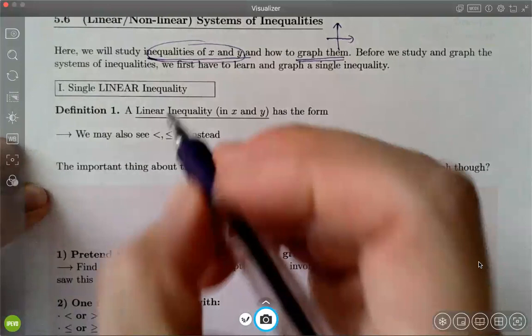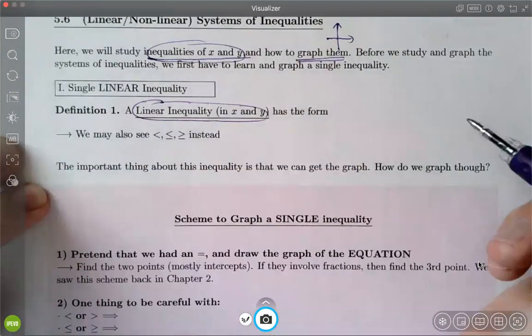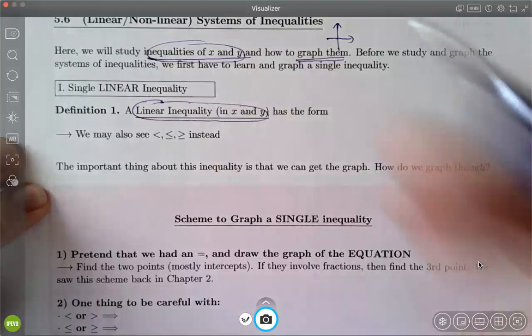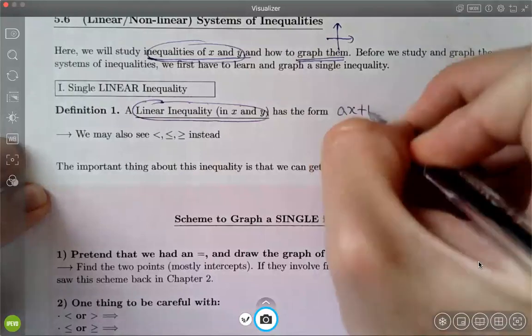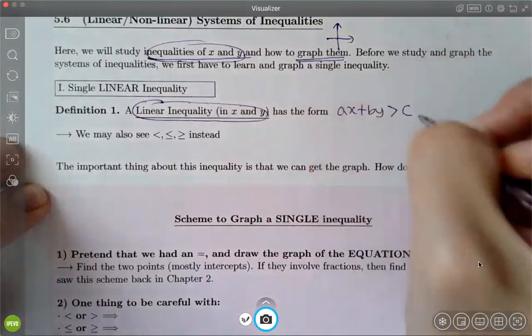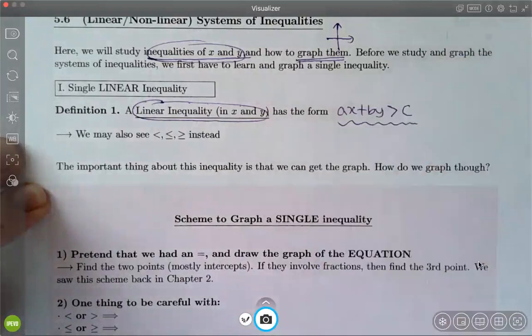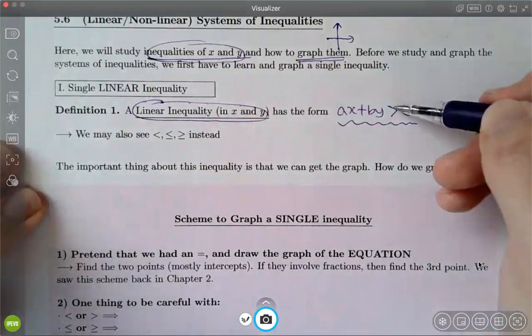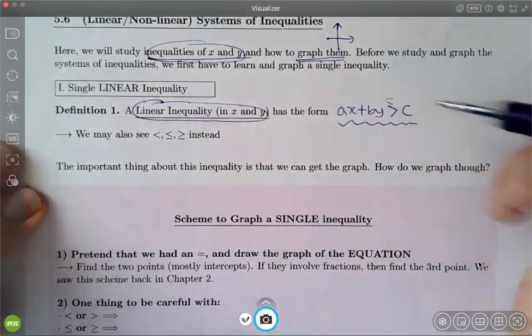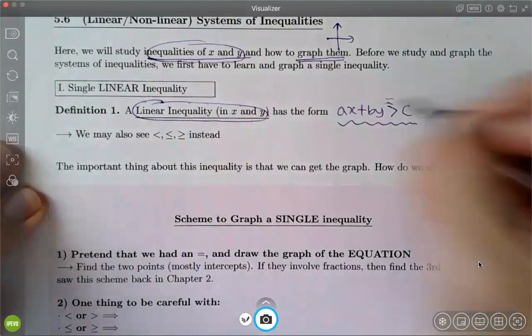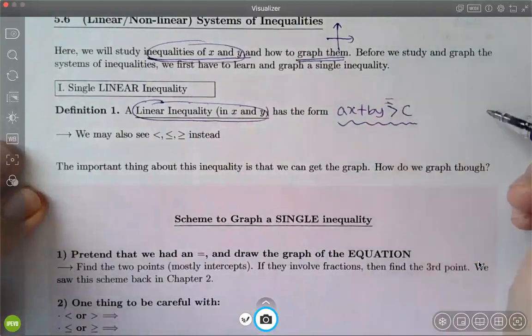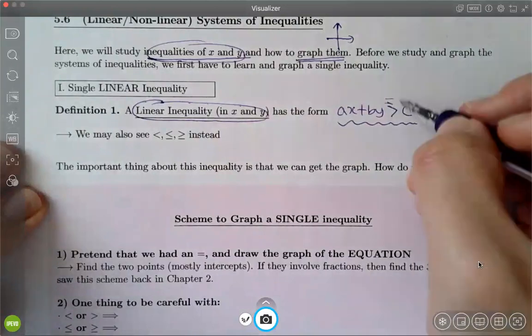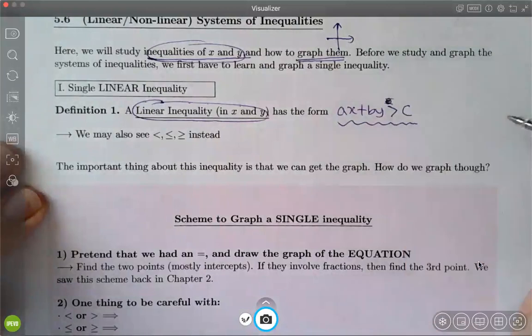So inequalities in x and y have the form ax plus by is greater than c. Basically, if we had an equal sign here, then what does that mean? That's a line, right? But instead of an equal sign, we will have some kind of inequality symbol.